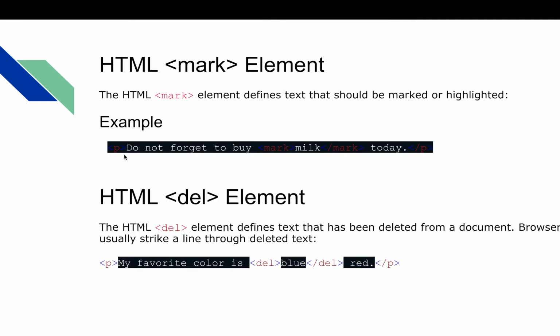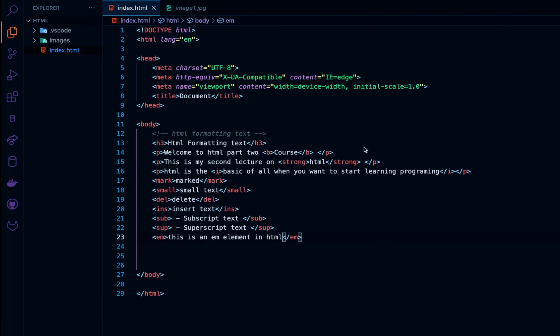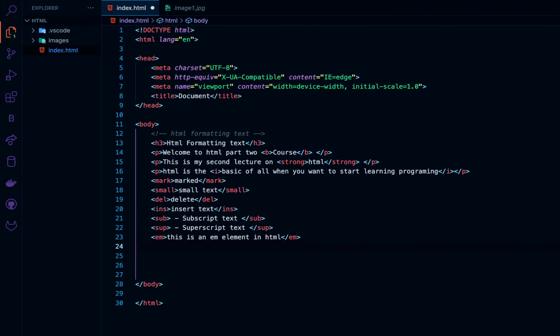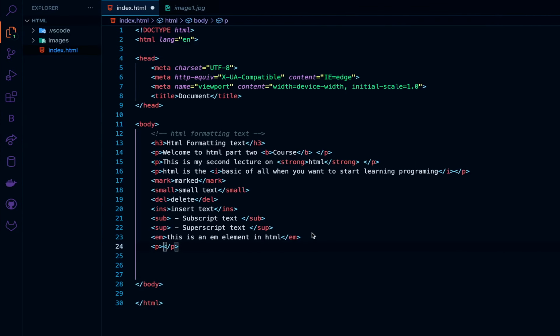Example. Let's say P element. You add a paragraph: do not forget to buy milk. Let's copy this text and add it.